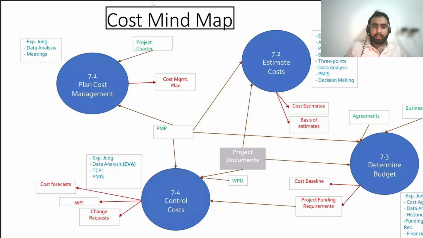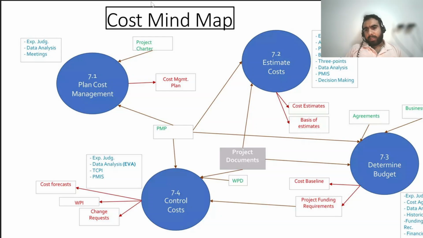Estimate cost mind map is very simple, and it generally has three things. We will first of all manage the cost management plan, estimate the cost. To estimate the cost, how much cost is going to be taken, there are several techniques. The analogous method, expert judgment, we can take analogous, parametric, bottom up, three point, and the data analysis and the PMIS and the decision making.